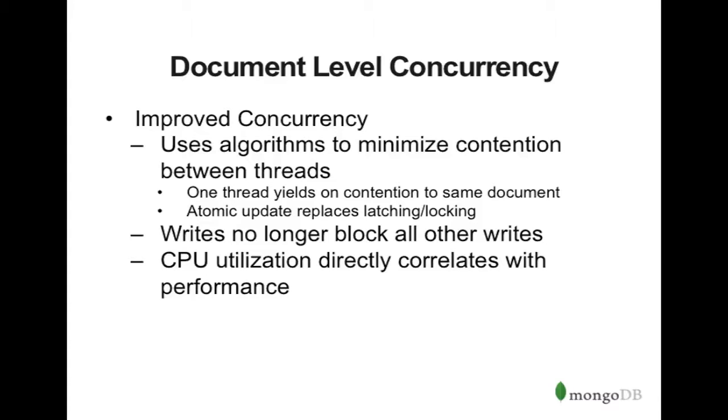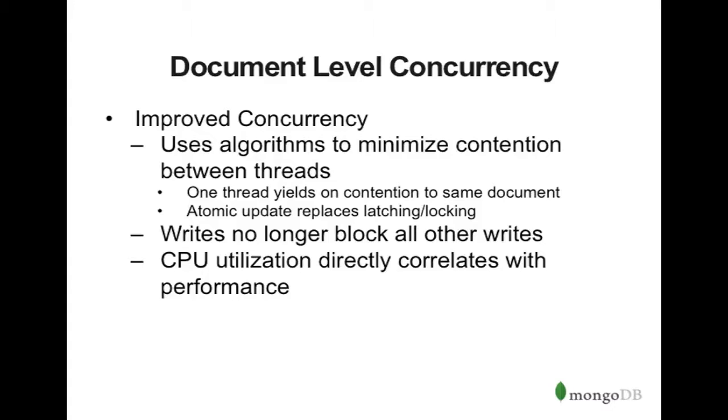WiredTiger now improves on all of this such that it goes to the document level. What this means is that unless another operation is attempting to read or write to the same document that I am currently writing to, all those operations can happen in parallel.